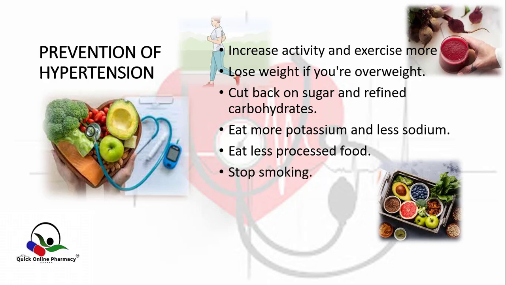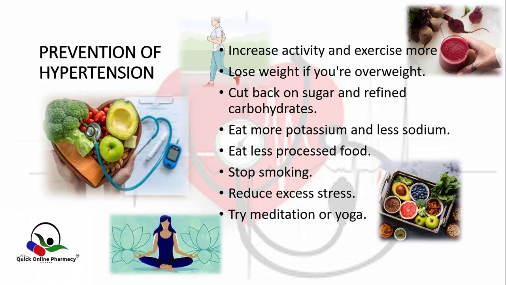Stop smoking. Smoking is one of the causes of hypertension. Reduce excess stress. Try meditation and yoga. This will help you cool down your circulatory system, and it can help you monitor your circulatory system, like your heartbeat.